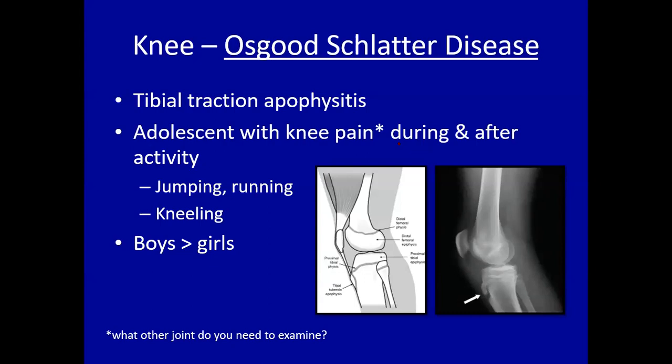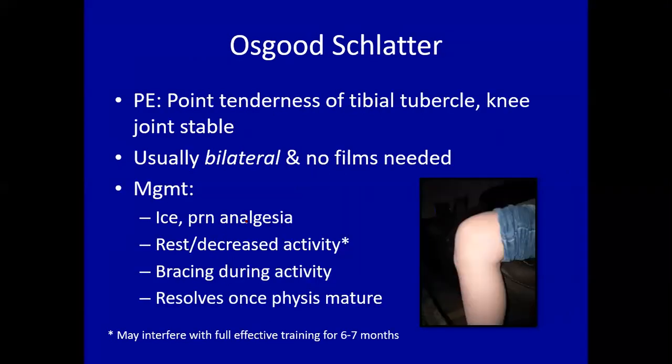Osgood-Schlatter disease is caused by the traction of the patellar tendon on the tibial tuberosity, and it causes intense pain with jumping, running, kneeling, basically playing sports. It can get big and inflamed. They're jumping, putting pressure on this all the time, and it pulls, and it just gets reactive here from all that pulling.